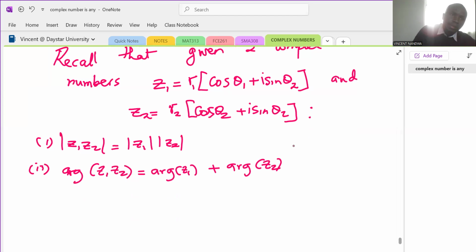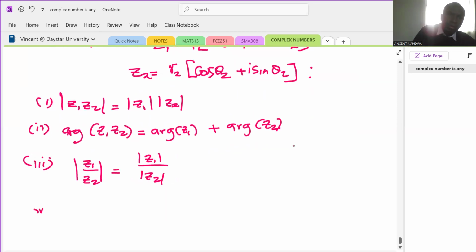And then 3, the modulus of Z1 divided by Z2 is the same as modulus of Z1 divided by modulus of Z2.